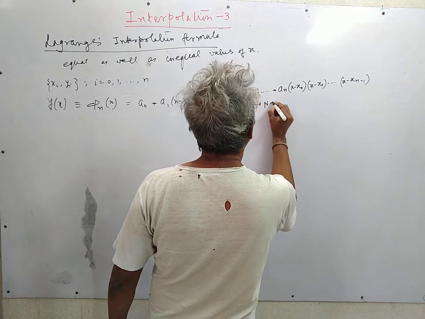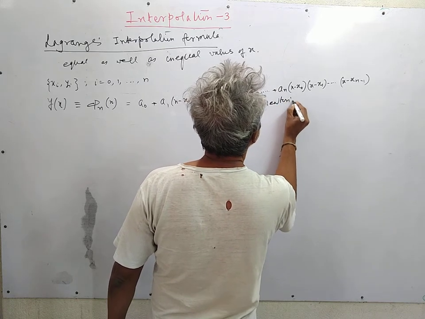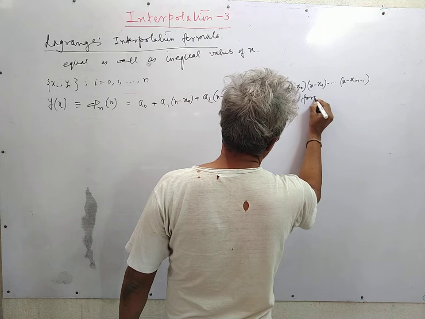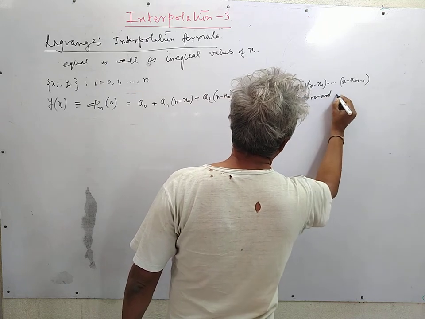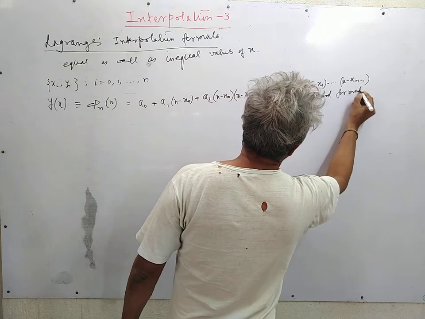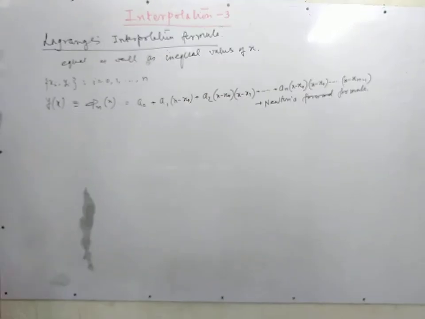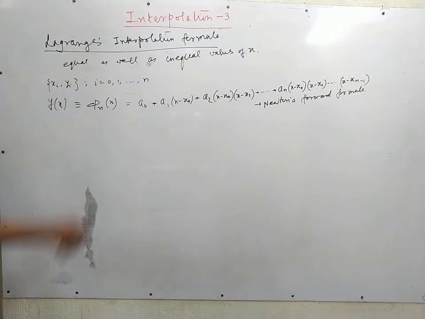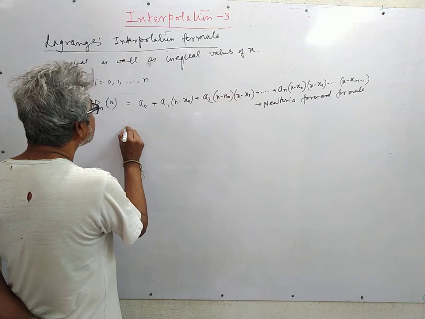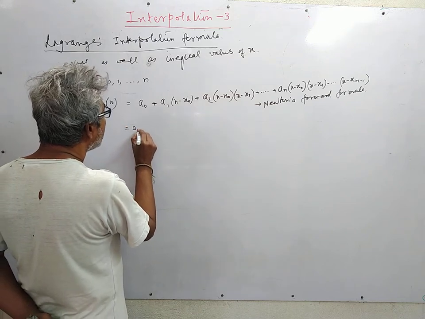Newton's forward formula. This was the assumed form in Newton's forward formula. Here we assume the polynomial to be like this.